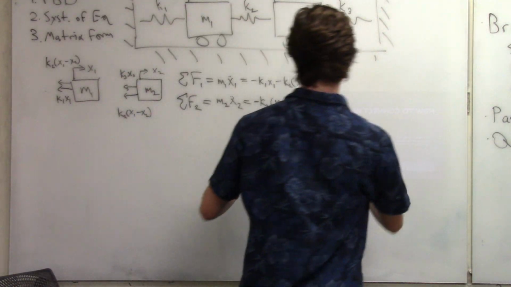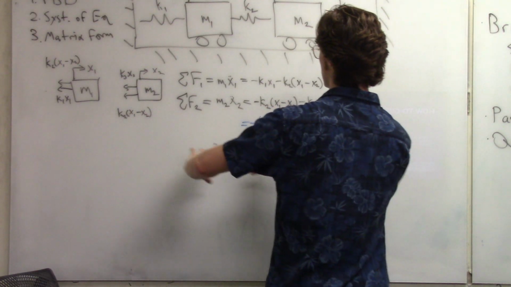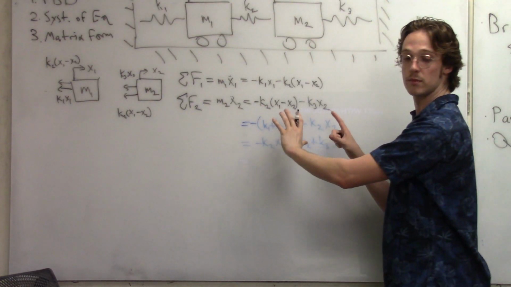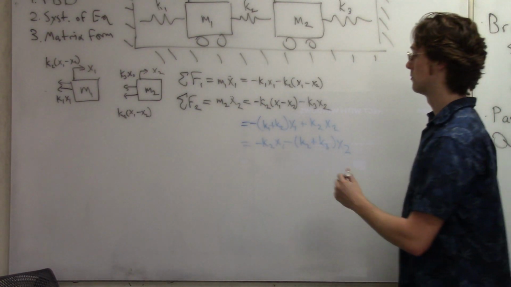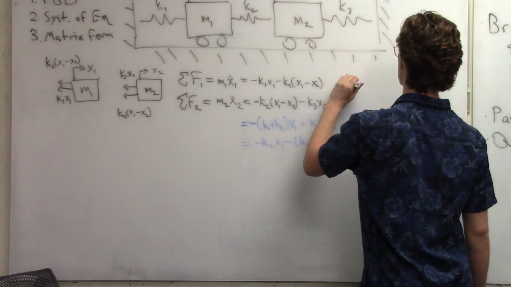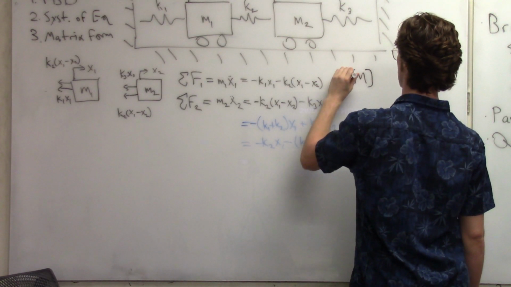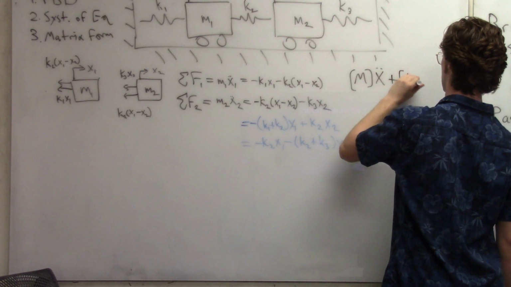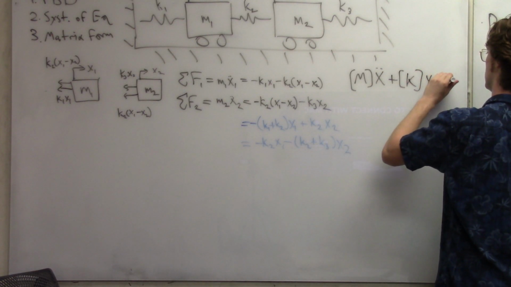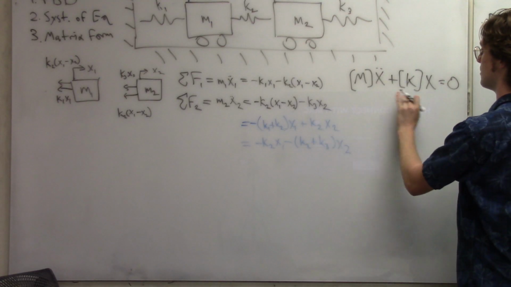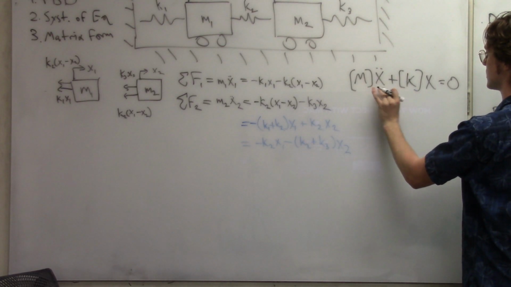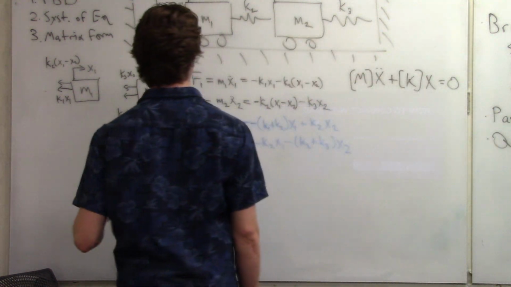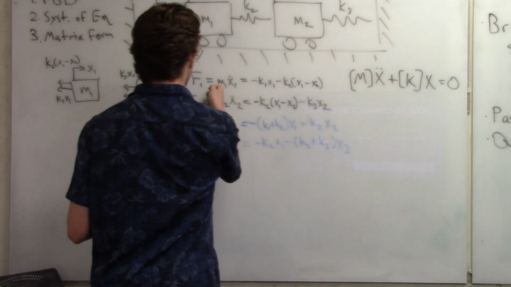What I'm actually going to do is take all these, add them on the other side so that these x double dot terms plus these terms equals 0. So in that case, the matrix form is going to look like Mx double dot plus Kx equals 0, where M and K are matrices, and then x double dot and x are going to be vectors.